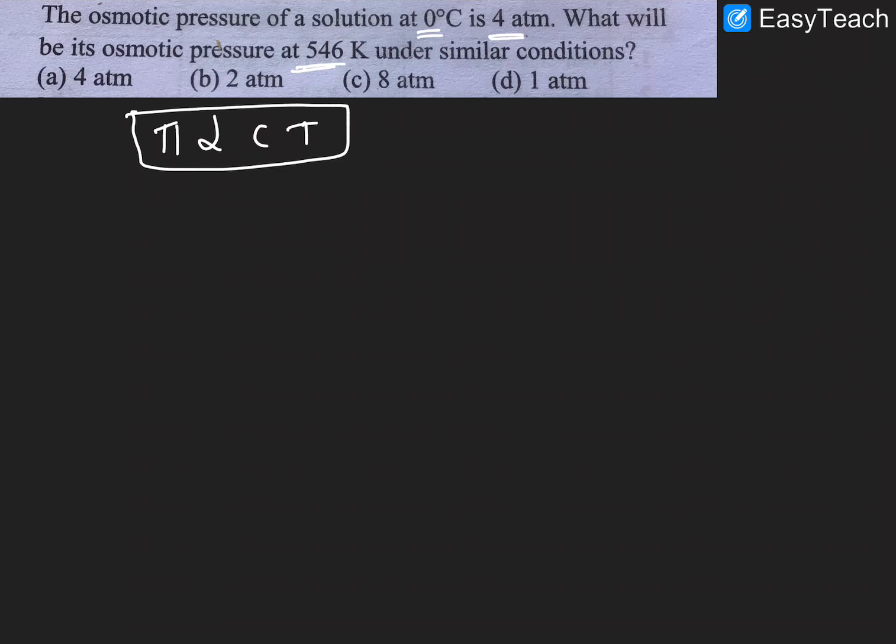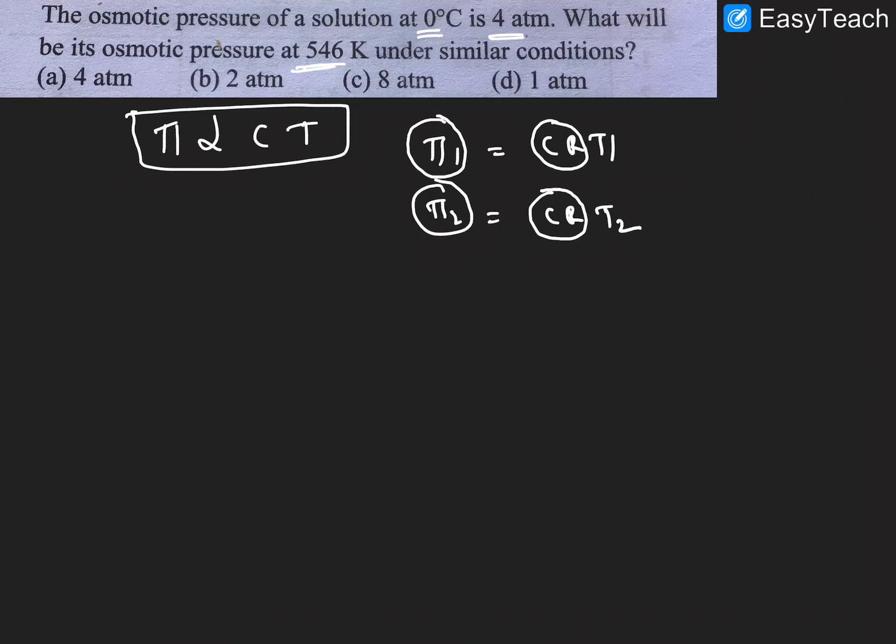So which formula can we apply here? Take one solution, pi1 equals CRT1, and the second condition, pi2 equals CRT2. The concentration is constant, they don't mention any concentration, and the gas constant is also constant. Only the osmotic pressure and temperature are varying.